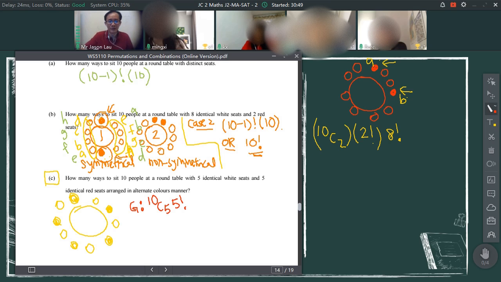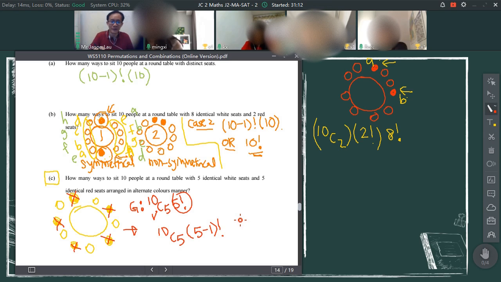Here I would say 10 choose 5 is good, to fill up all these seats, but not the 5 factorial. You should have 10 choose 5 times (5 minus 1) factorial. The reason is that the seats are alternate, so these five colored seats still form perfect symmetry, like a mini circle. A mini circle means a circular permutation among the 5 people. Then you need to times something else.